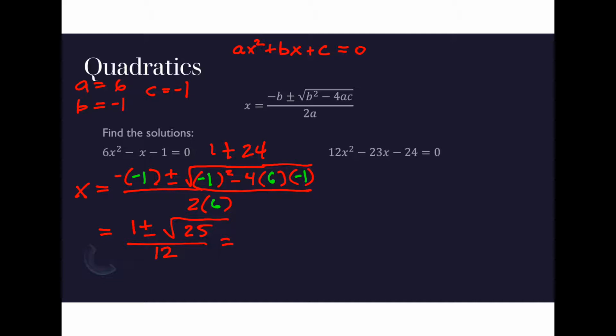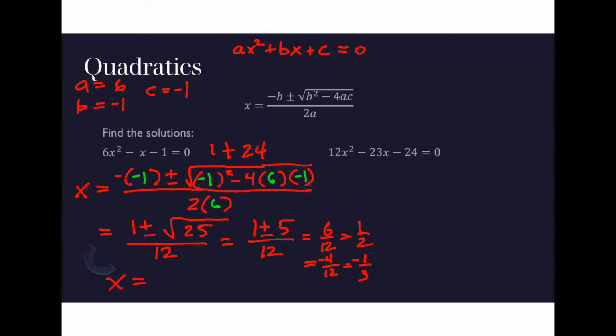So simplifying this down, square root of 25, that's nice and square rootable. It's a perfect square. That gives me 1 plus and minus 5 over 12. So 1 plus 5 is 6 over 12, which is 1/2. And 1 minus 5 is negative 4 over 12, which is negative 1/3.